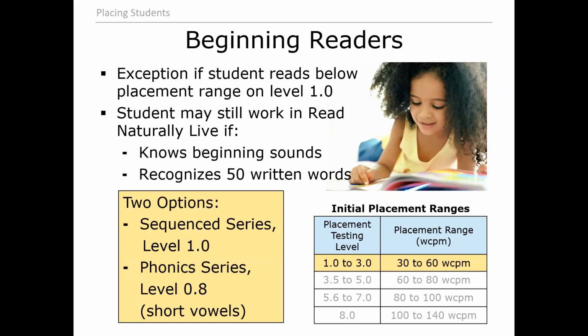They get a little phonics lesson, they practice decoding a particular sound or pattern, and then the words in that passage, many of them are of that sound or pattern. So it's just a little bit easier. I actually can't think of an exception where I haven't put my beginning readers who fall just below in that phonics series. Okay.